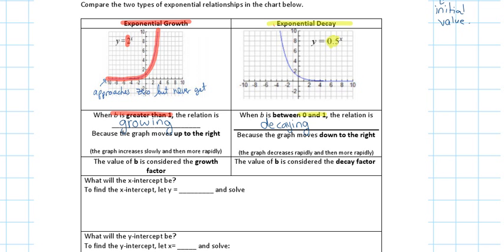So my base is between 0 and 1. And if I look at the graph from left to right, the graph is decreasing. It decreases fast at the beginning and then slows down as the x value gets bigger. So this is called a decay. It's decreasing. Are we okay with that?